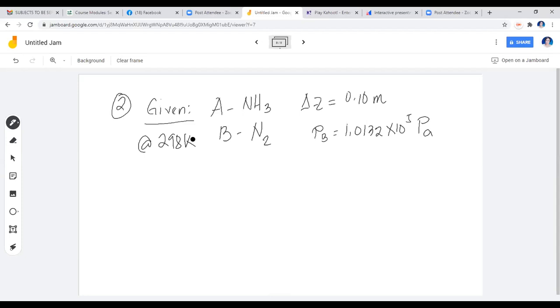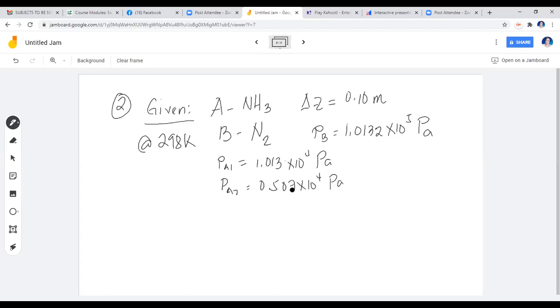The manner of diffusion is the same as the diagram that I have shown to you a while ago. From point 1 in the diagram, where A is to diffuse, transferring to B, the partial pressure is 1.013 times 10 raised to 4 Pascal. And then at point 2, we have 0.507 times 10 raised to 4 Pascal.